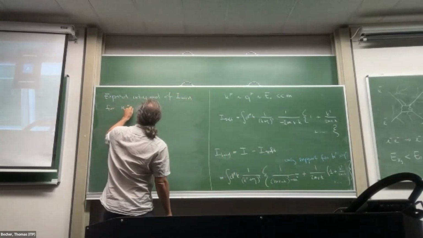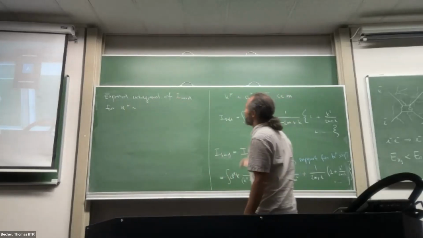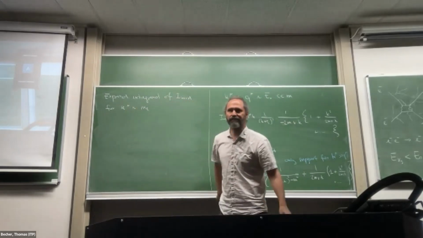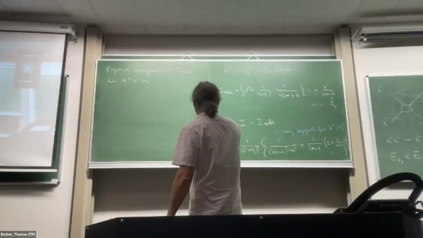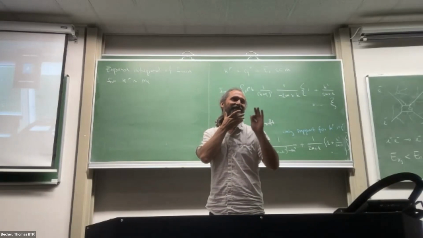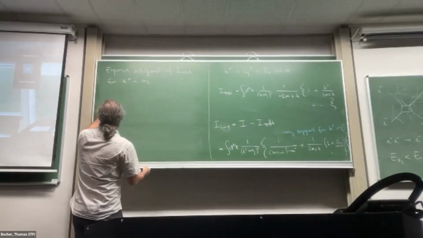Okay, now I'm assuming the K to be much larger than the small energy. So the K is now of the order of the electron mass. And it will now take about 3 or 4 minutes, and then will become uncomfortable. But let's go ahead.